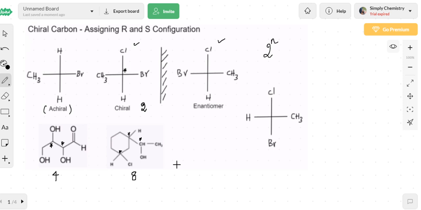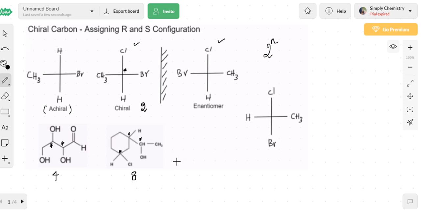Though figuring out the chiral carbon looks easy, assigning absolute configuration is tricky. Let us see how to assign the RS configuration for a given Fischer notation. Step 1 is to assign priority to the atoms that are attached to the chiral carbon based on their atomic number.